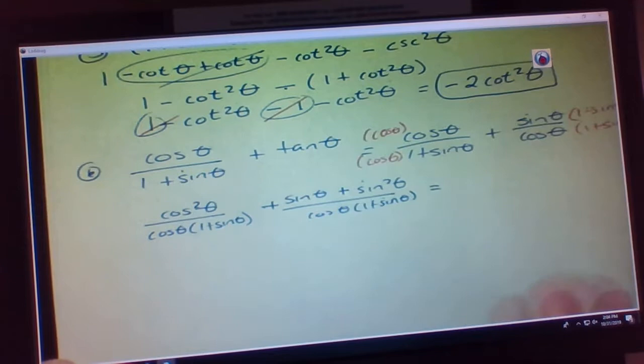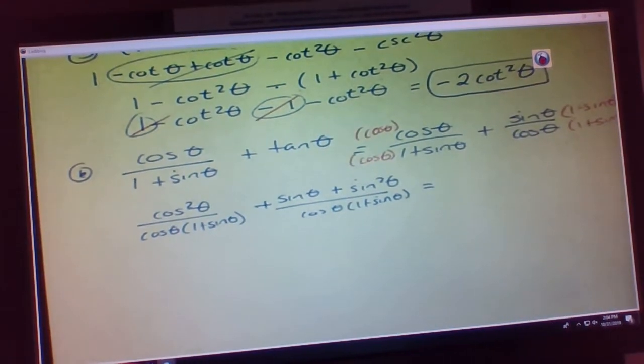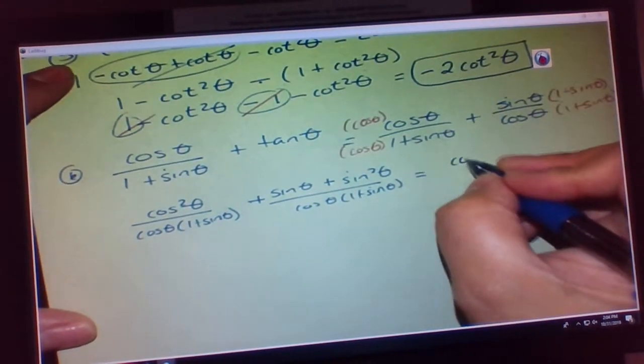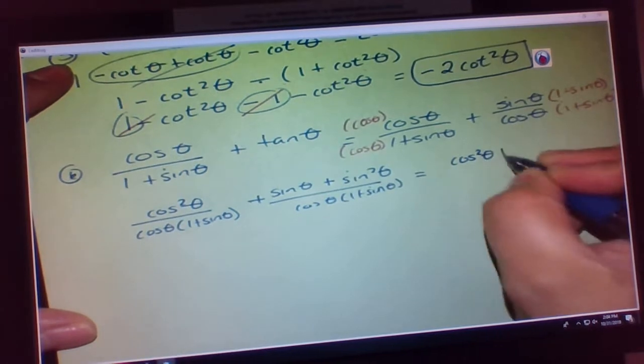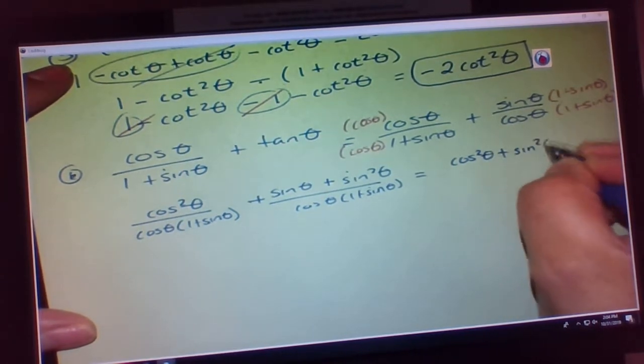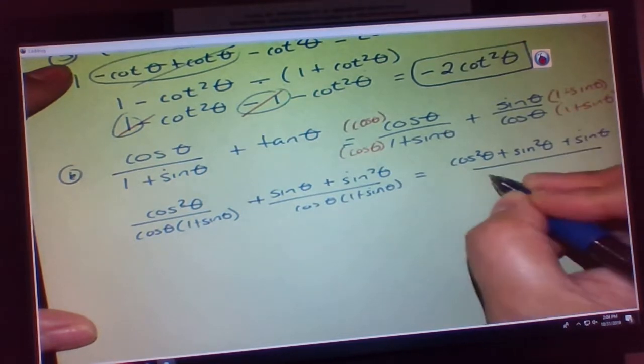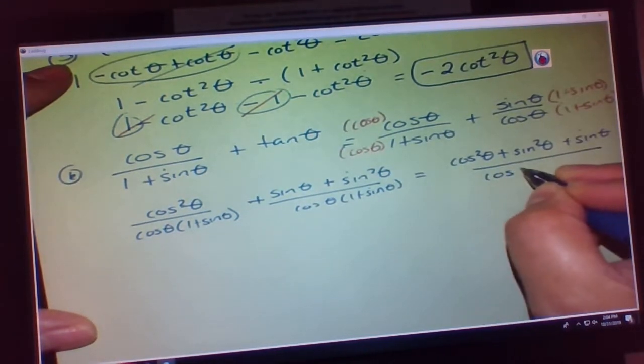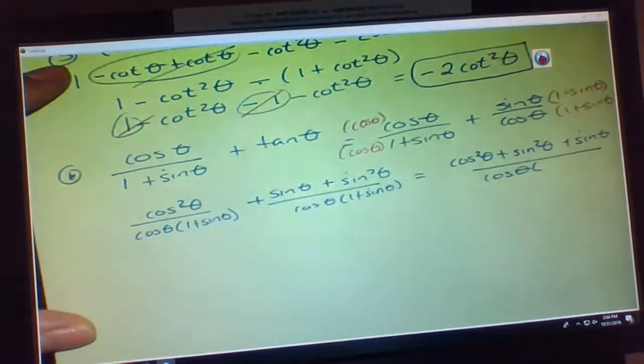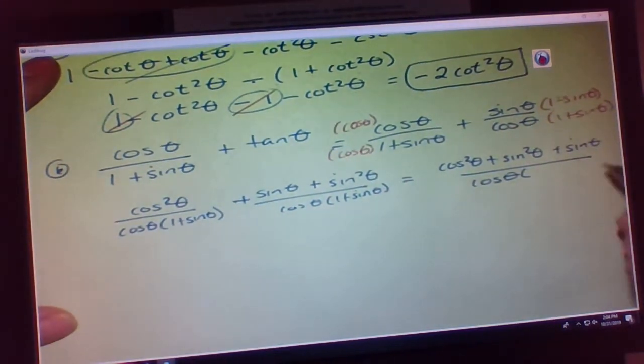Now I'm going to rewrite this, putting stuff in order. So I have cosine squared plus sine squared plus sine over cosine, 1 plus sine.